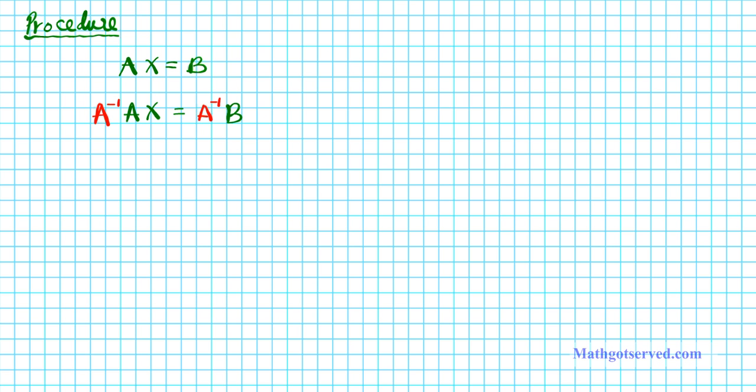One thing you want to note is that matrix multiplication does not commute, so you can't switch the order of multiplication. If you're multiplying the coefficient matrix from the left, you have to do exactly the same thing on the right. Now, when you multiply these two matrices together, you're going to end up with the identity matrix.